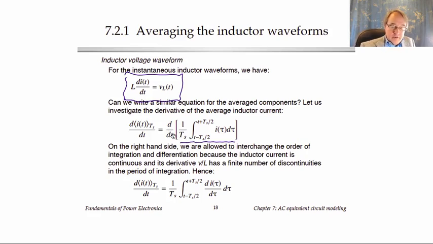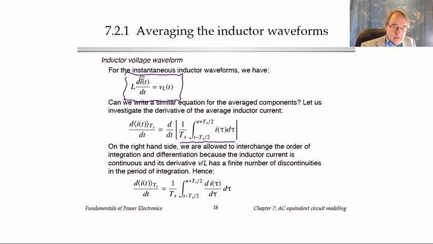We're allowed to interchange the order of differentiation and integration under a certain set of conditions that the mathematicians tell us. First, the function we're integrating, namely the inductor current, needs to be a continuous function so that we can take its derivative. And second, the derivative of the current is allowed to be discontinuous, but it can only have a finite number of discontinuities over one switching period.